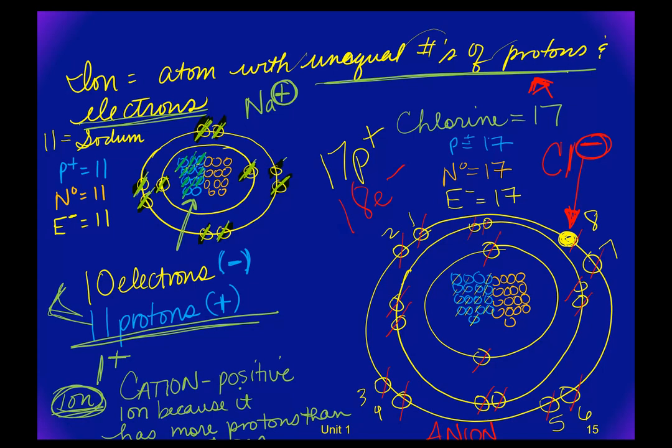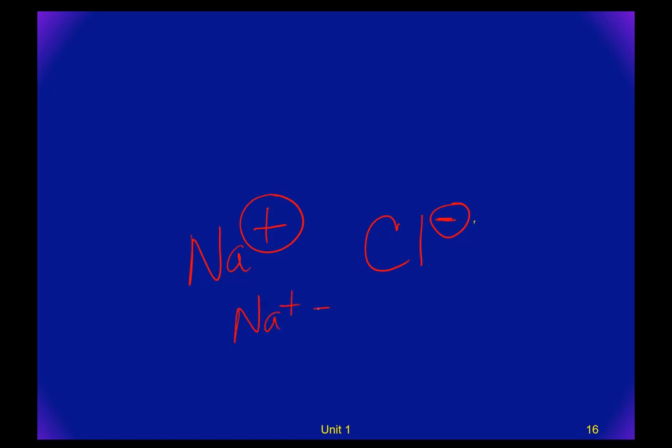So, we've got one atom. Actually, I'm going to switch. We've got Na plus and we have Cl minus. What's that phrase in that Paula Abdul song? Opposites attract, right? So Na plus is attracted to Cl minus literally because of the different charges.